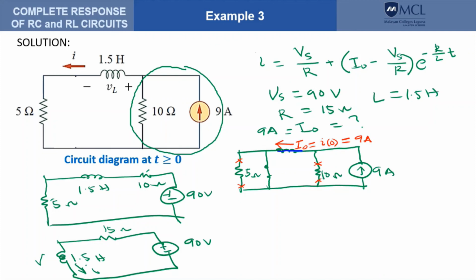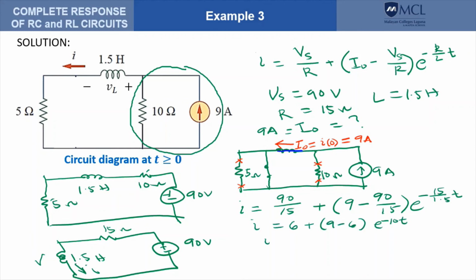So now that we have the complete data, we could now solve for I as equal to 90 over 15 ohms plus, so this is 9 here minus 90 over 15, times e to the minus 15 over 1.5 t, and that should give us I equals 6 plus 3 e to the minus 10t.